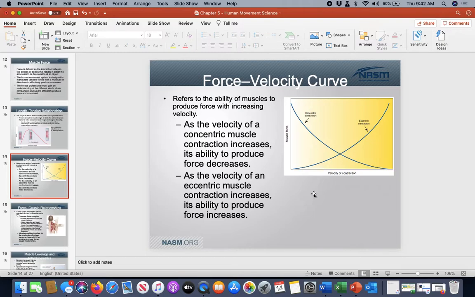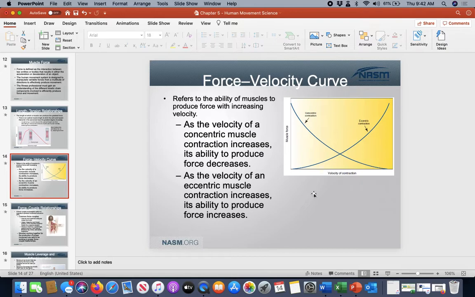That's what we're saying there: as velocity of a concentric muscle, a muscle that is shortening, increases, the ability to produce more force decreases. So that's the force velocity relationship for concentric. On the other hand, as velocity of eccentric muscles increases, the ability to produce force increases, which sounds kind of crazy, but it's the truth.